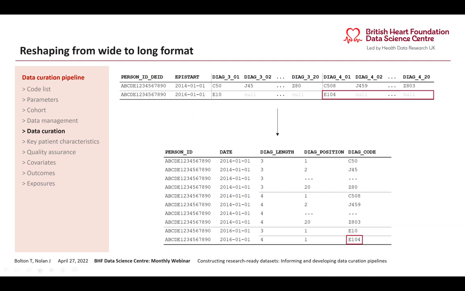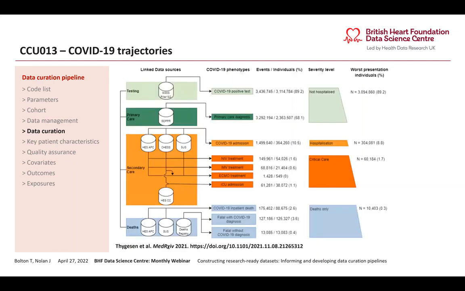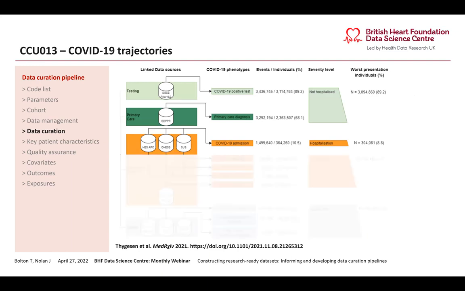In terms of curating data related to COVID-19, we've utilized the excellent phenotyping work of CCU 13, and we can see that the CCU 13 team have harmonized 7 different data sources to define 10 COVID-19 phenotypes. In CCU 18, we've utilized the positive test, primary care diagnosis, and hospital admission phenotypes.